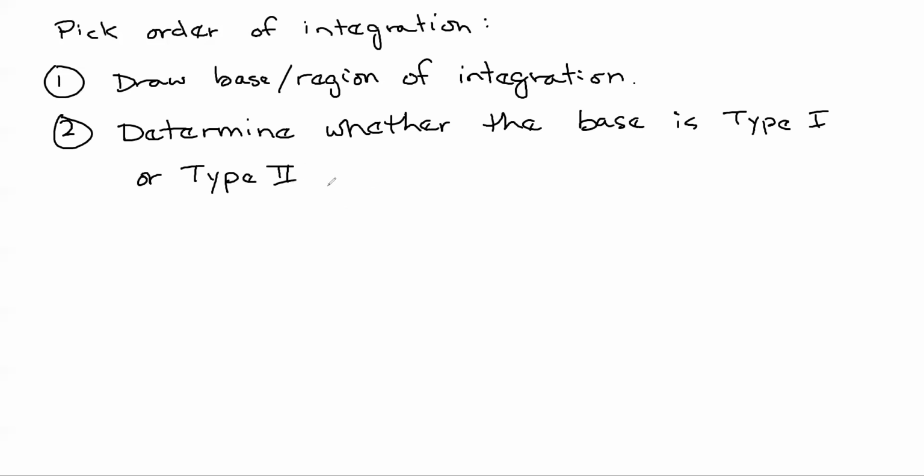And then sometimes it could be both, right? If it's both, you're actually going to have to look at the function and identify which order of integration would be easier. So sometimes it can be both.